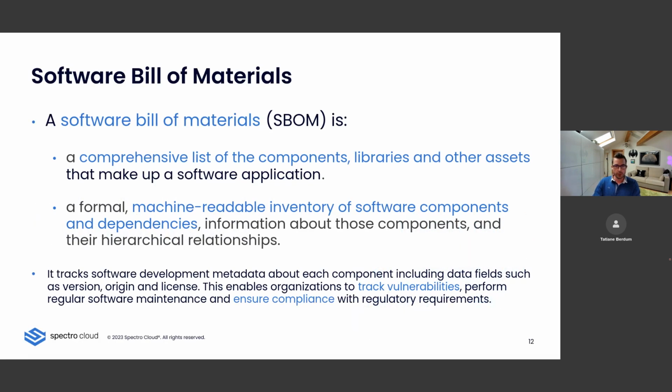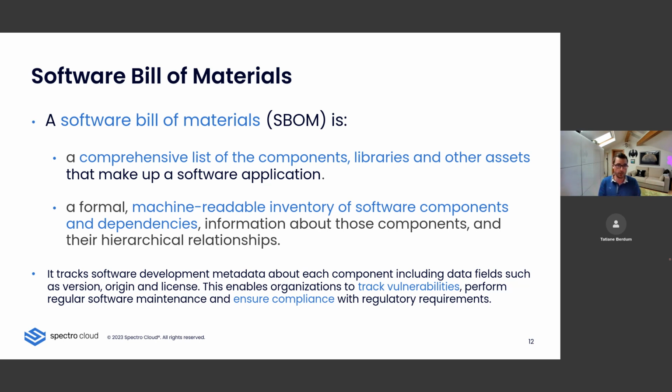In terms of definitions, it's like cloud computing. There is no real definition that everyone uses, but I've added two definitions that are most often used. A software bill of materials gives you visibility into all the components that make up your applications. It details the third-party components and the dependencies used in the software.